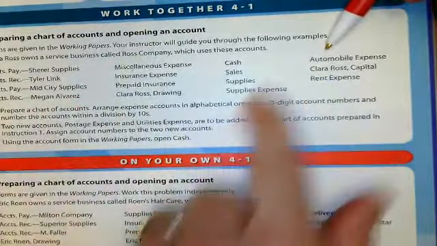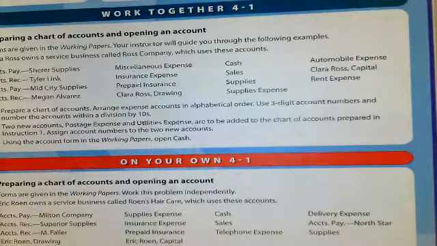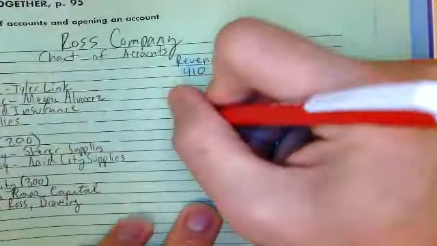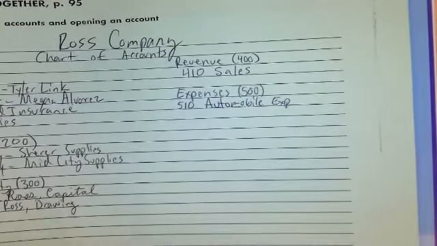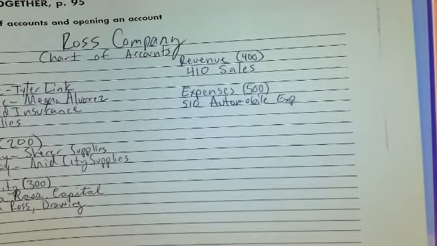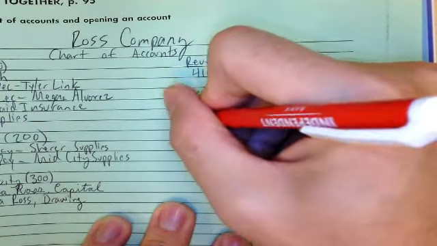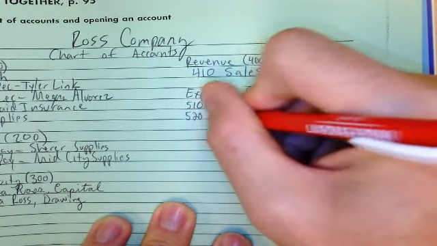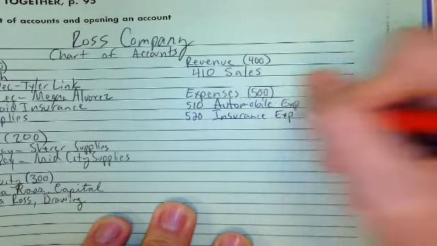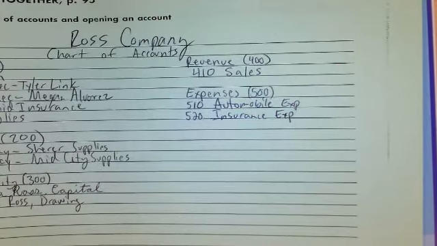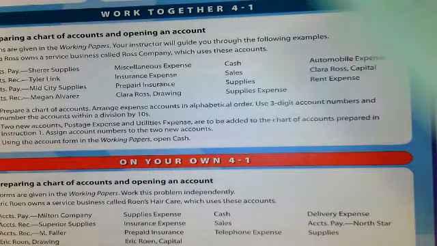What's going to be my next expense? Insurance. Insurance expense, that's $520.